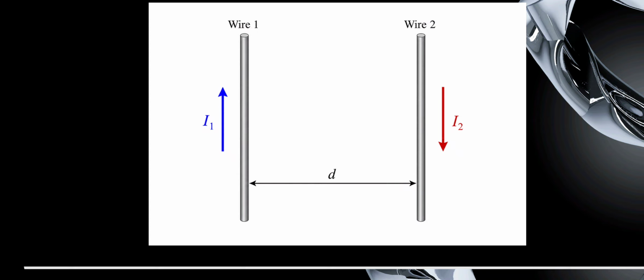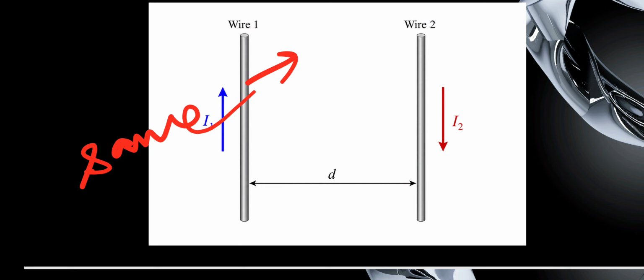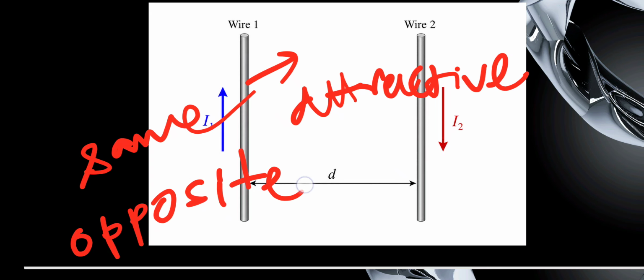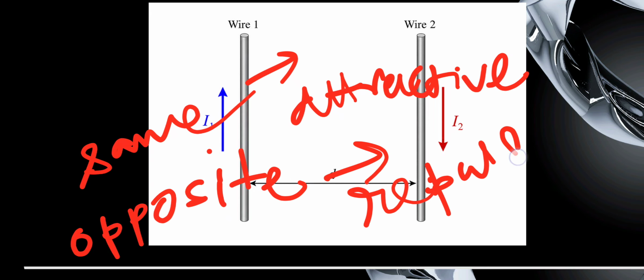Now I have a simple question on my mind: how does this direction change the nature of the force? I want to say that when the currents are in the same direction the force is attractive, and when current flows in opposite directions the force is repulsive. How? So let us try to find the answer.